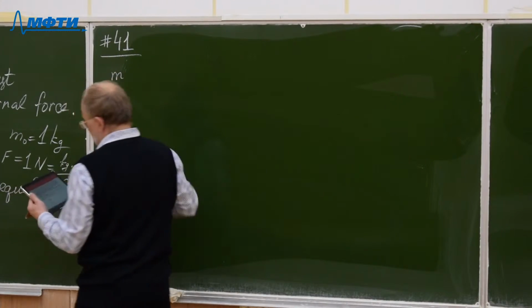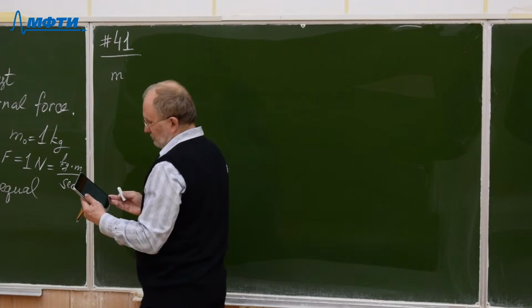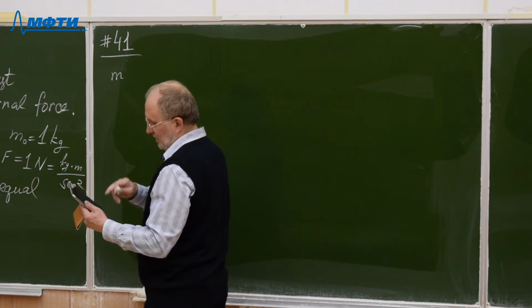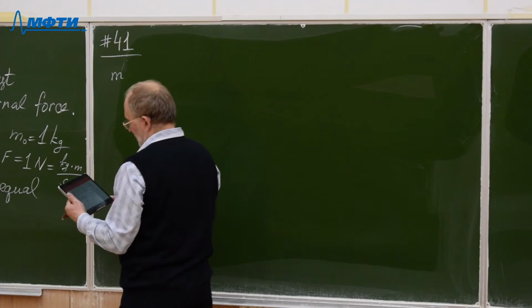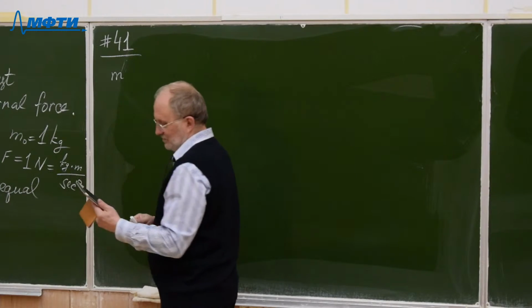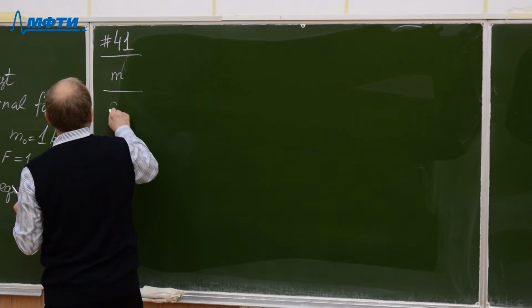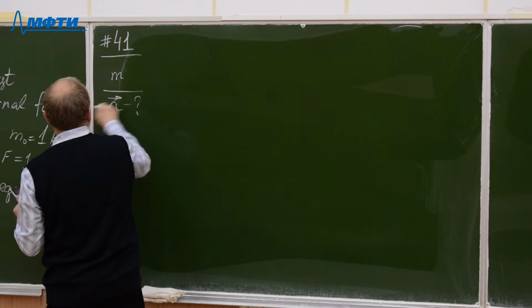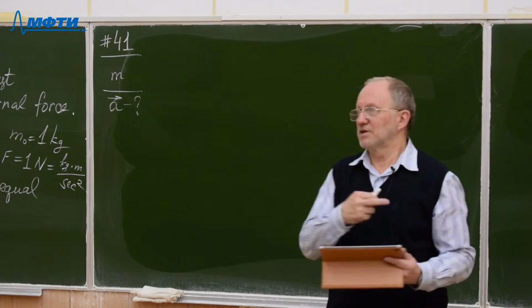The mass is given. These forces are consecutively equal to 1, 2, 3, 4, 5, and 6 kilogram forces. In what direction and with what acceleration will the sphere move? So we have to find the vector a, both magnitude and direction.